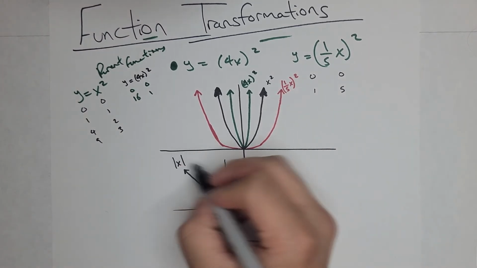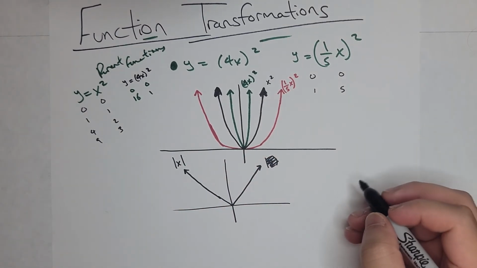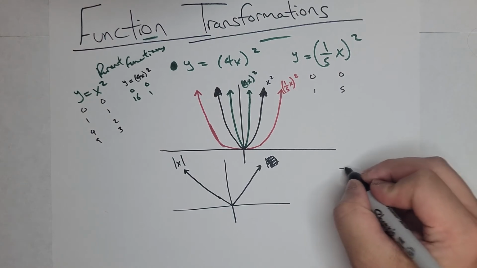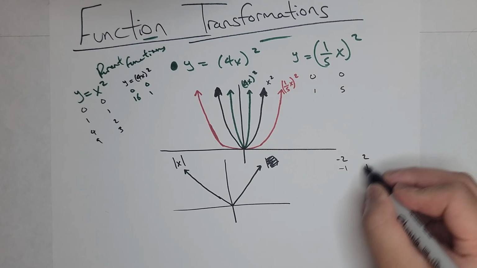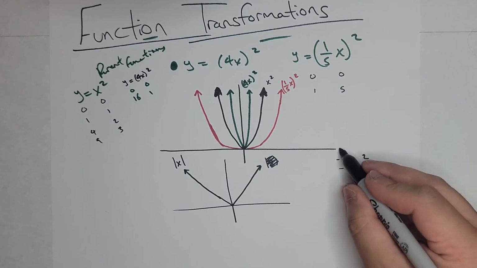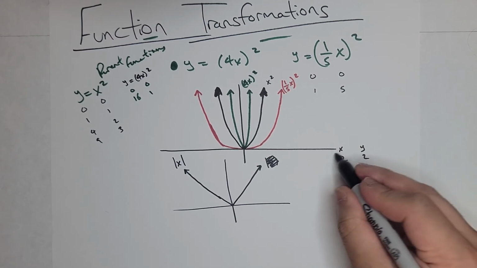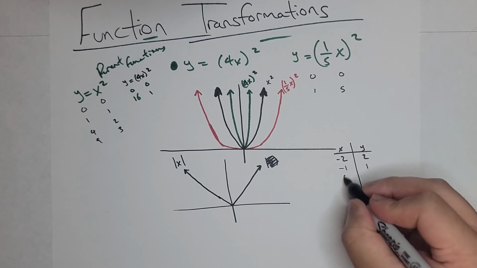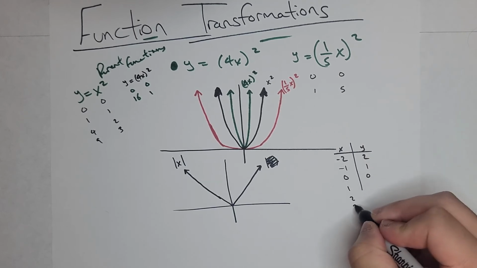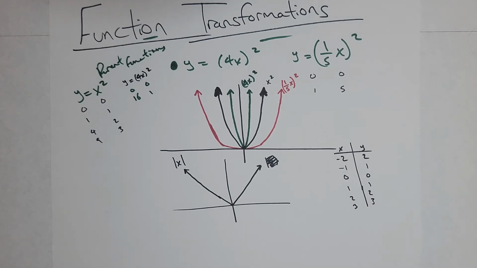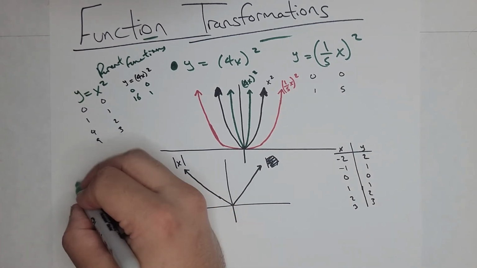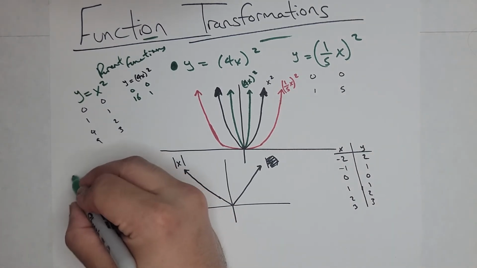This is our absolute function, where -1 is 1, -2 is 2. And now we're going to do the same thing as before, but now we're going to use these two functions.